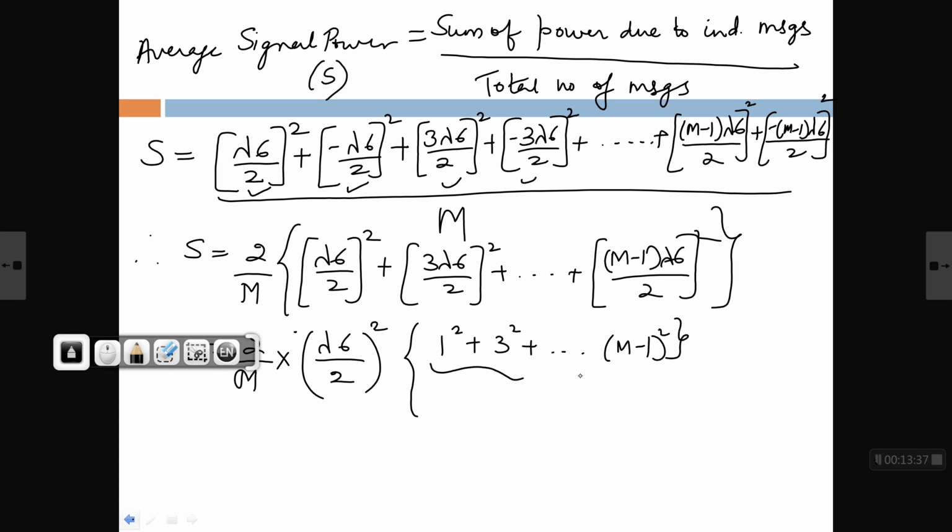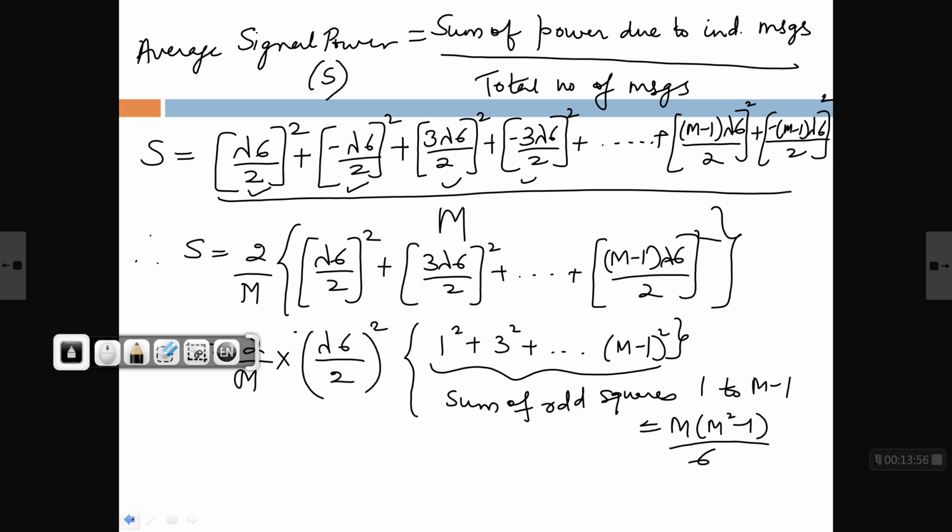So now what is this? This is the sum of odd number squares, sum of odd squares I can say, from 1 to m minus 1, and this is nothing but equal to m into m square minus 1 by 6. This is the sum of squares of odd terms.